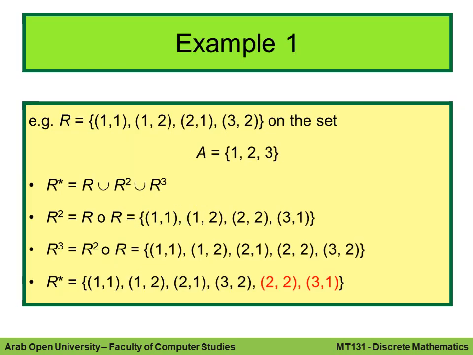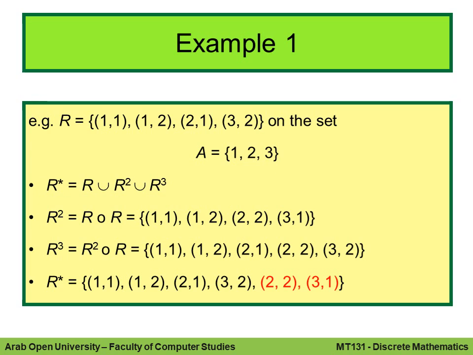Here is an example using the union of powers of R. This is the relation now on the set {1, 2, 3}. For R*, you only need to take the first 3 powers, as A has only 3 elements. For the transitive closure, you can get it by taking R union R squared union R to the power 3.